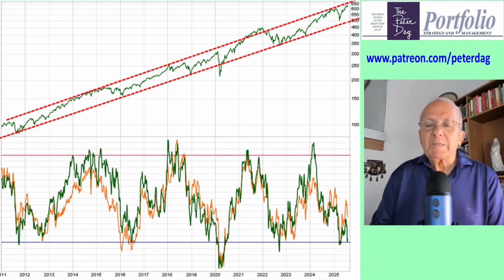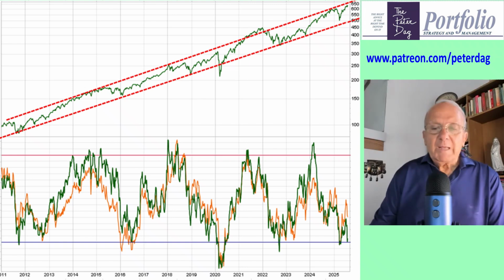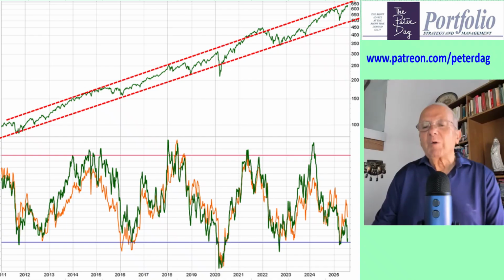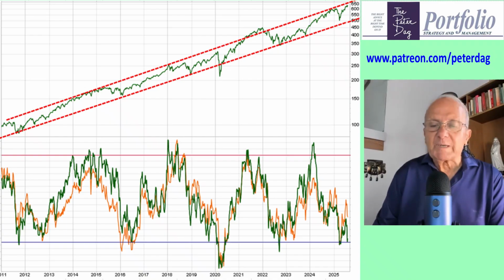So the next peak is going to be 3.5 years roughly from now. So we are in 25. It is going to be 2028 probably. The bottom is exactly the same thing. From bottom here to here to here to here to here is anywhere between 3.5 and 4 years.